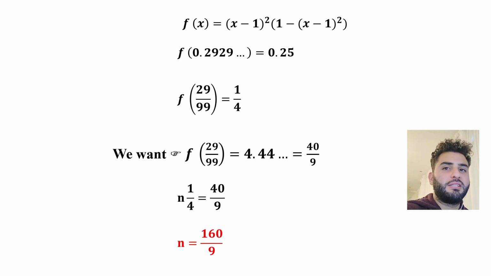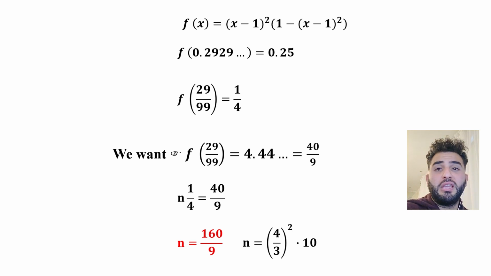At the beginning, I tried to see if this number really represents something. Well, we can write it as 4 over 3 squared times 10, but honestly, no, this number has no significance, and the second way to write it is completely irrelevant. So we will just keep it as 160 over 9.